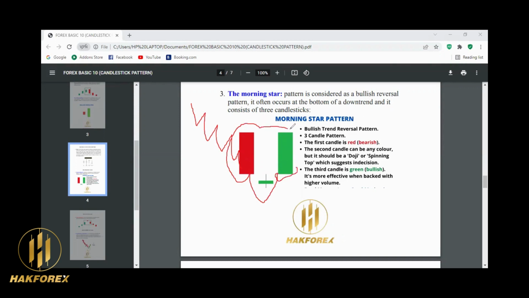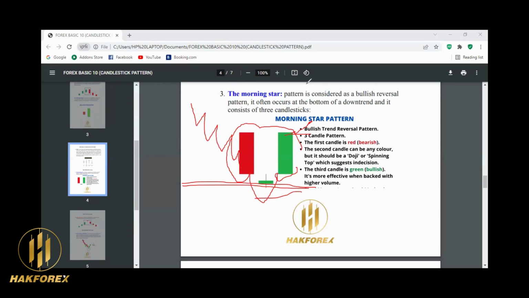It has already confirmed to you that from this zone, let us say we have a zone here that you're looking to buy from, you can jump into the market and buy. You can buy from there and put your stop loss below the level. So that is it for the morning star, guys.